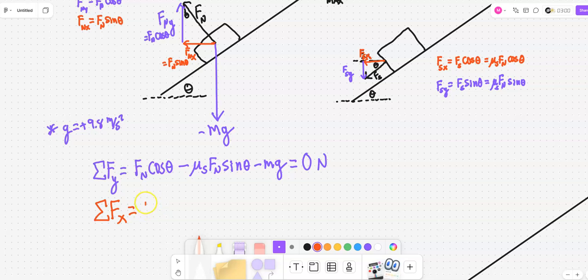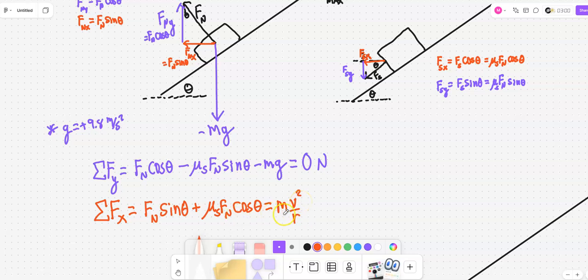We have the force normal sine of theta, and we're going to add to that mu s force normal cosine of theta. And that should be equal, when we have these two forces together, to the mass times the centripetal acceleration, which is v squared over r.